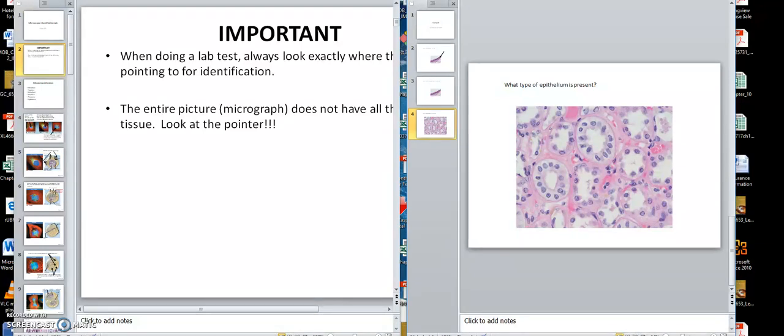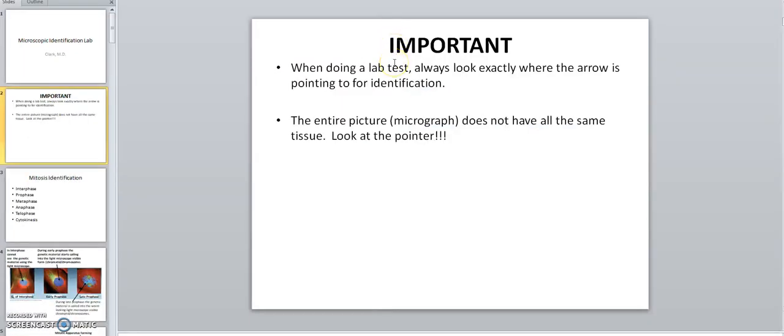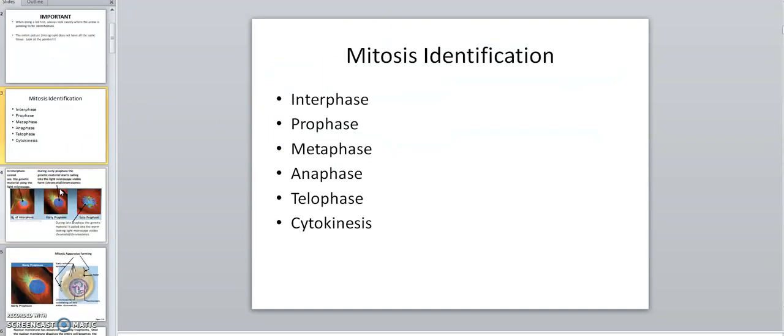So anyway, let's go now and look at some different slides of things I want you to be able to identify. Of course, it'll be online this time. Okay, the first thing, I want you to be able to identify the stages of mitosis. Now, the stages of mitosis actually are prophase, metaphase, anaphase, and telophase. But I want you to be able to identify interphase and cytokinesis too.